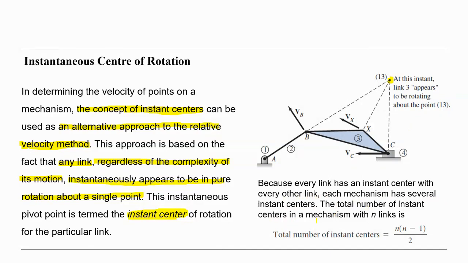So relative to the other links, every link has an instant center. The total number of instant centers in a mechanism with n links, we can calculate with this formula. Total amount of instant centers.